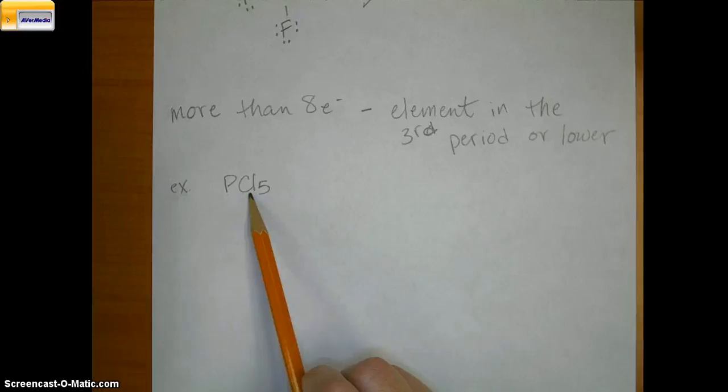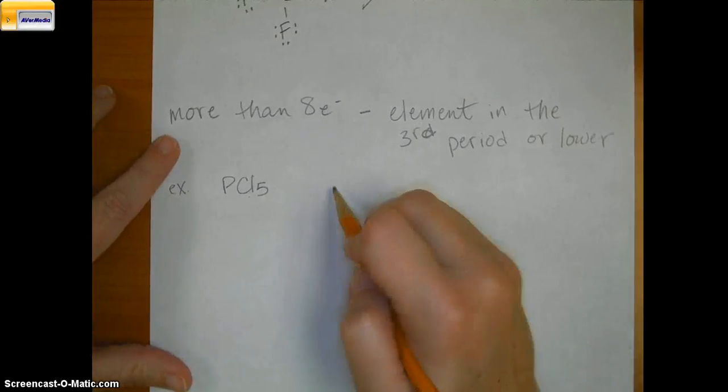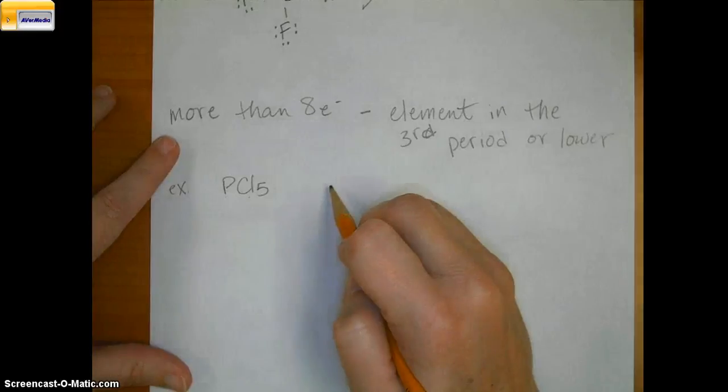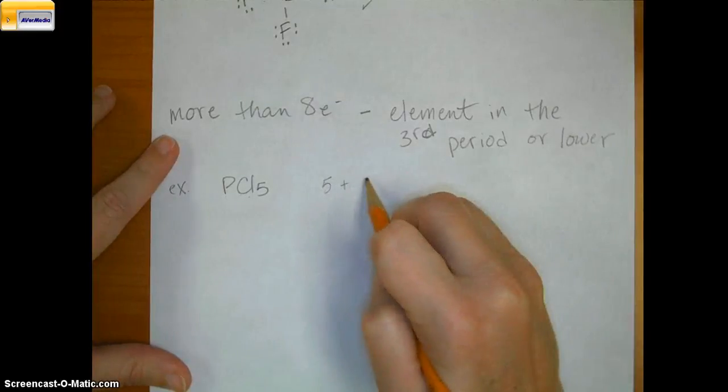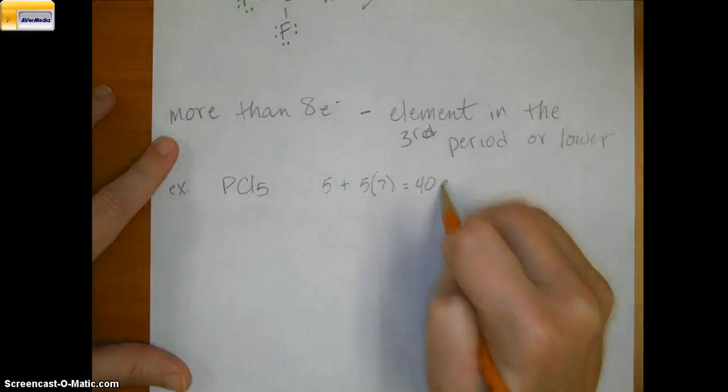So that's one way that you can have more than 8 electrons is by having more than 4 single bonds around the central atom. You can actually have 5 or 6 single bonds. So if we add up our valence electrons, phosphorus has 5, the 5 chlorines each have 7, so that's a total of 40.